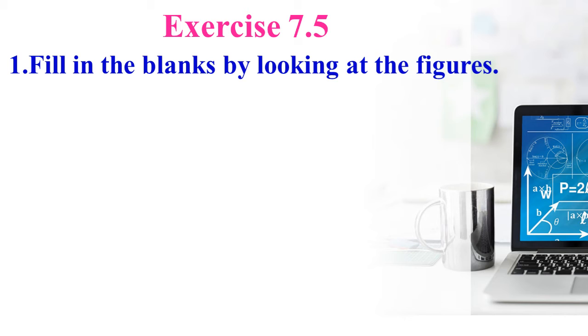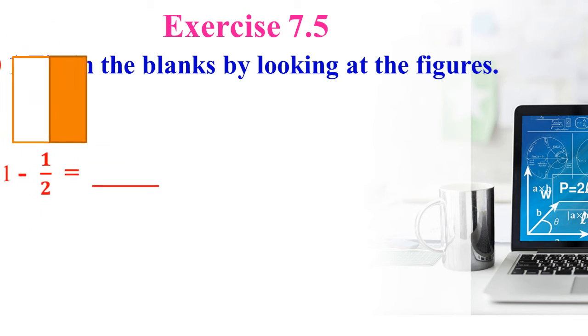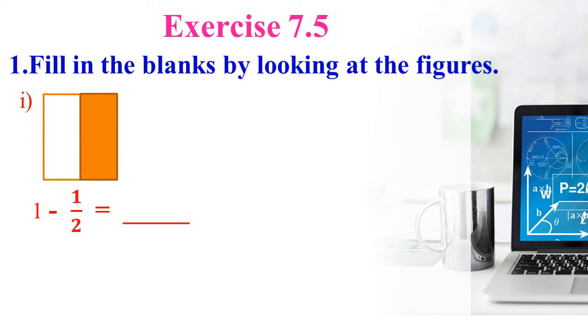Let us see exercise problems. Exercise 7.5. First sum. Fill in the blanks by looking at the figures. So let us find the mixed number, that is, the answer to 1 minus 1 by 2. Let us find the answer using the following two models.